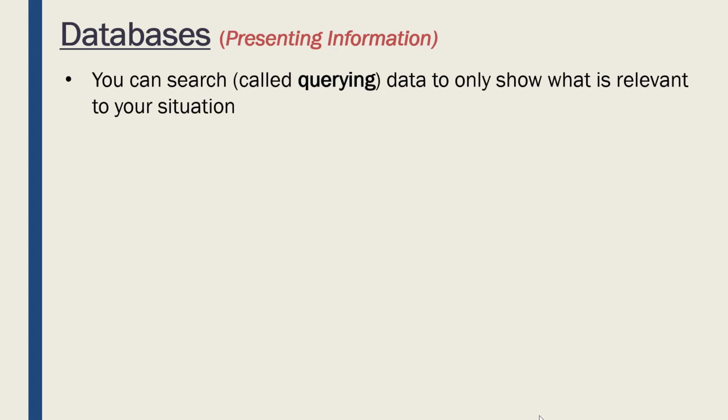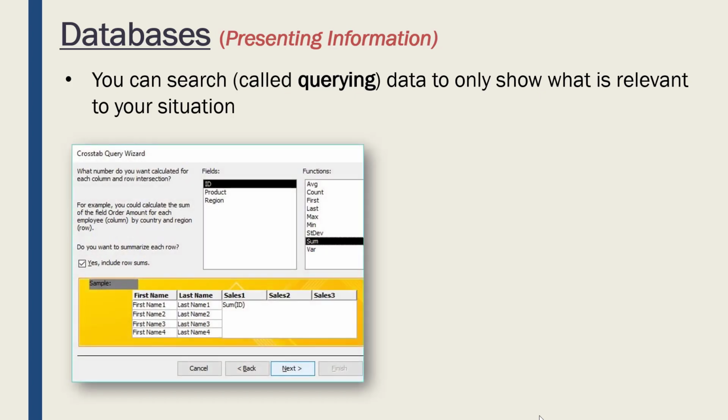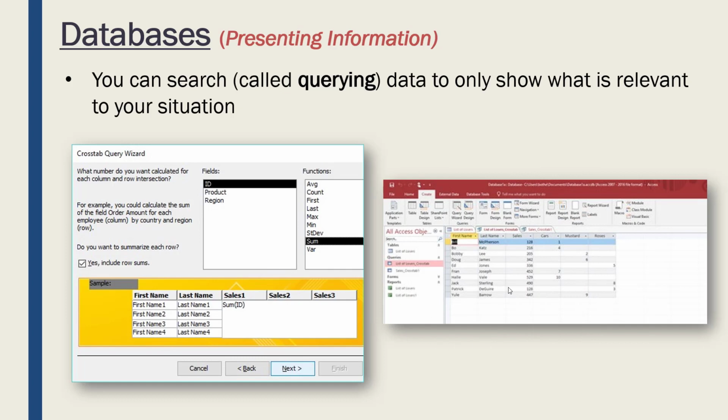So we can search in databases, called querying. So searching data to only show what is relevant to your situation. If only one thing's relevant, you can set up a query. This is a cross-tab query. Effectively a search. We can look for certain columns, maybe certain items of data, and we can reduce our tables being shown to just a result from our query.